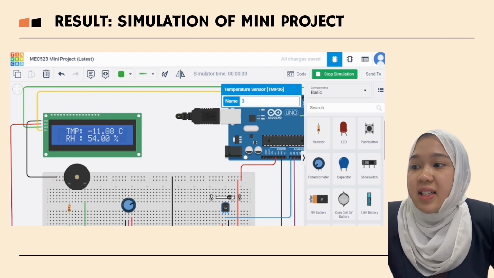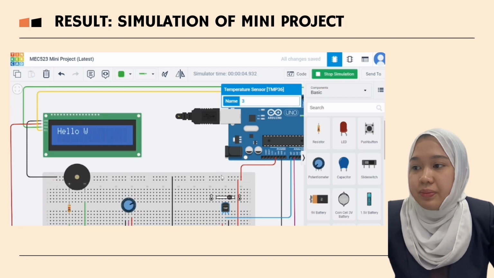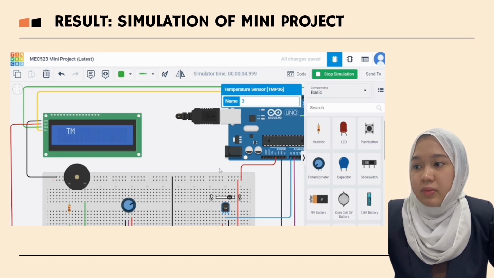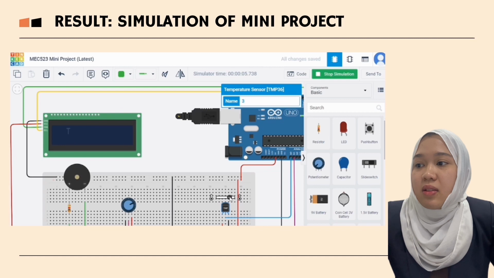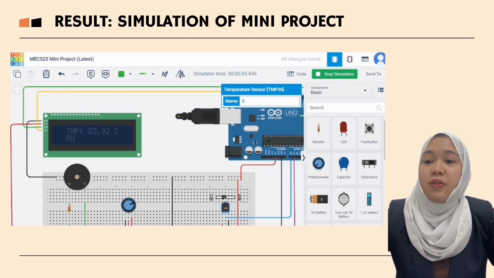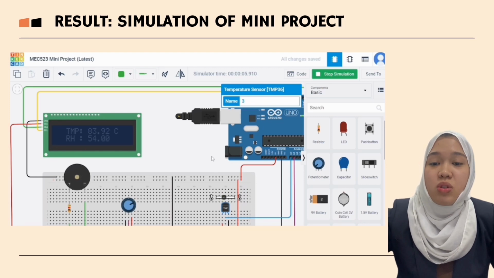And then let's try the third condition. The third condition is the temperature 83.92 Celsius. So for the third condition, the buzzer is also on.